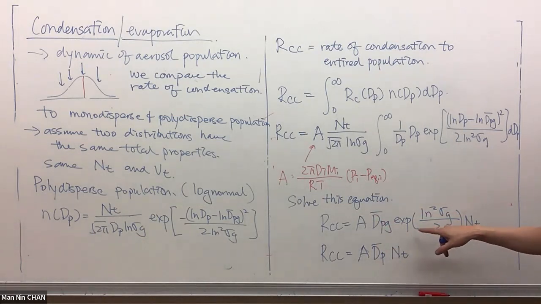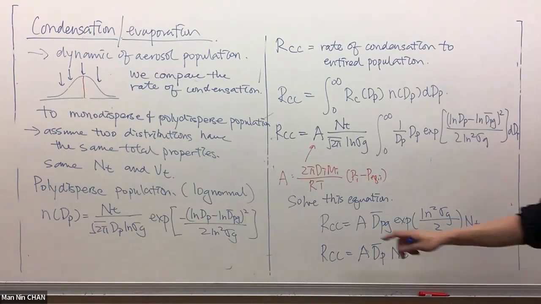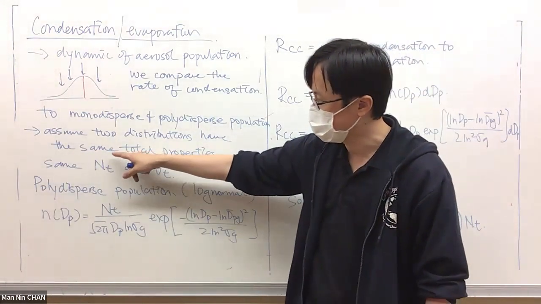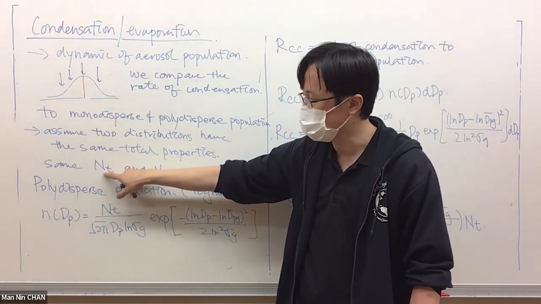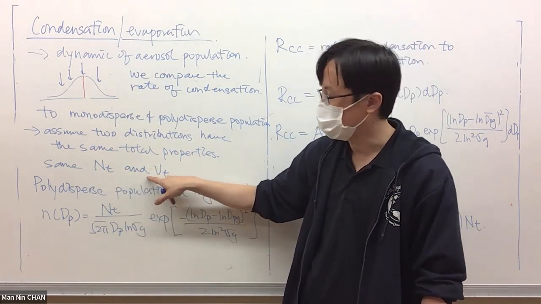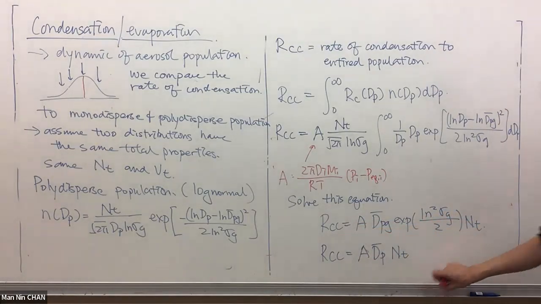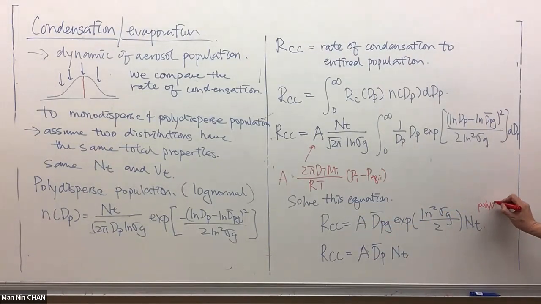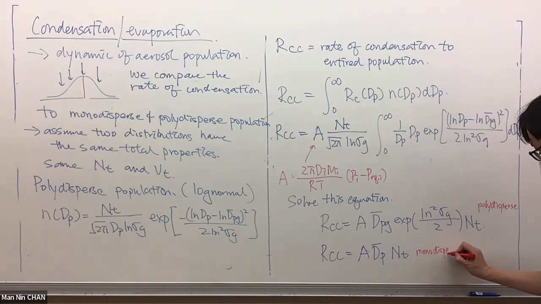First, we also want to do a few more steps, because we can assume you have the same total property. So let's say you have the same aerosol number concentration and also the same aerosol volume. Then we can do one more step to compare these two. So this is polydispersed, and this is the mono.